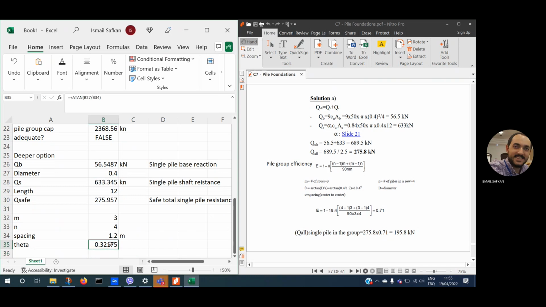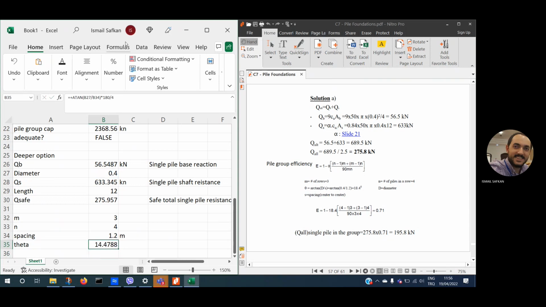And conversion from radians, this is in radians. Conversion from radians to degrees, times 180 divided by 2, divided by 4.